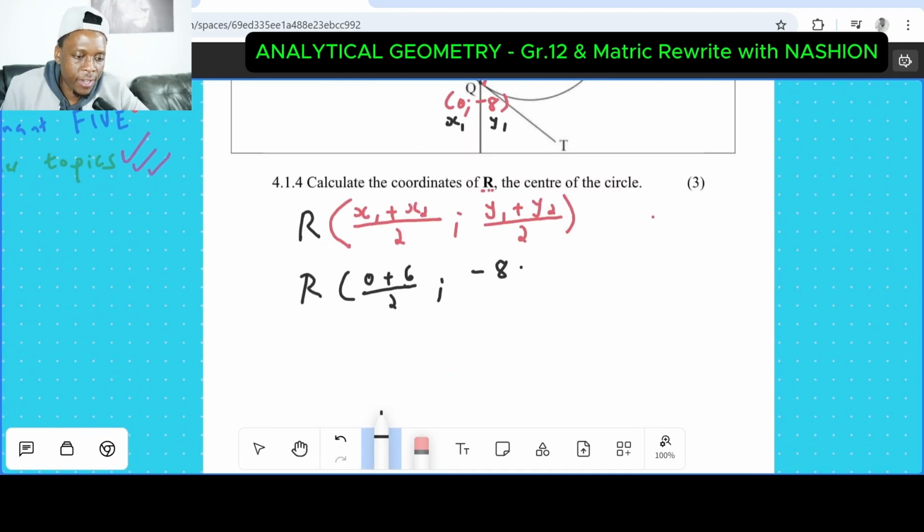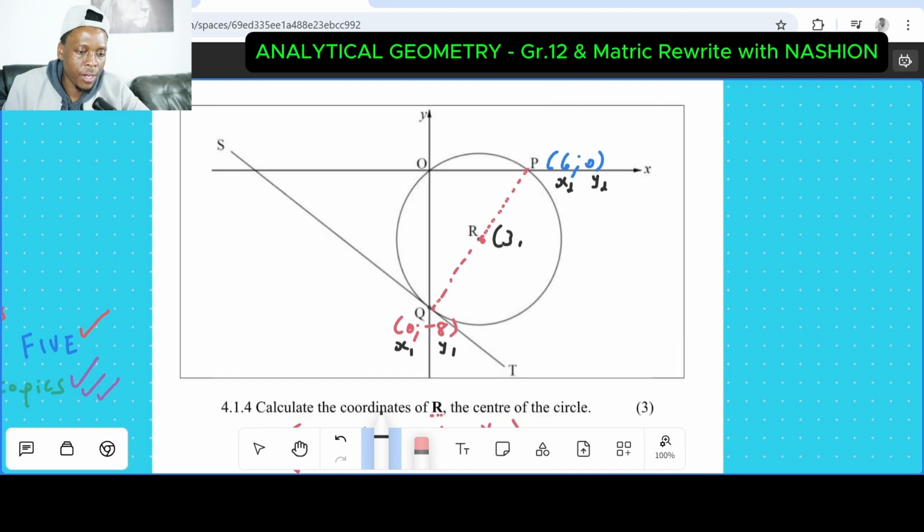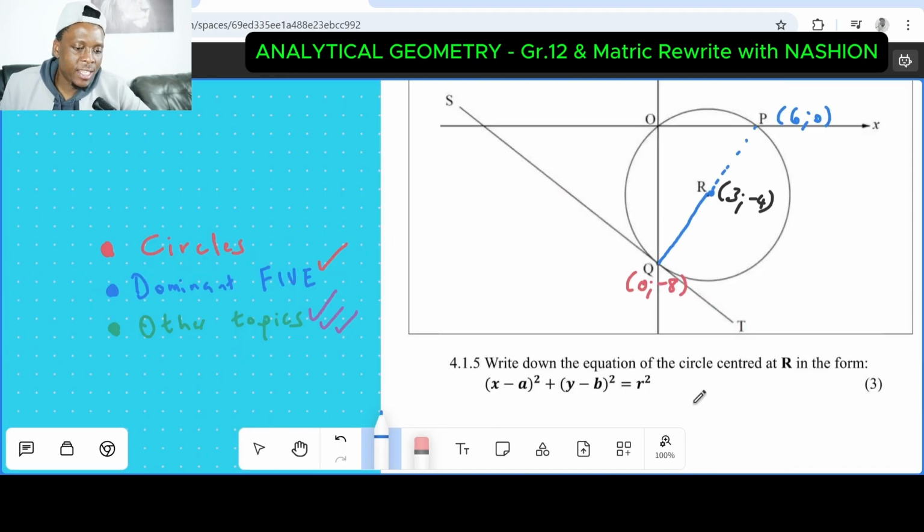That's -8 plus 0/2. End up with the x value as 3 and the y value as -4. Let's write it in the diagram. 3:-4.